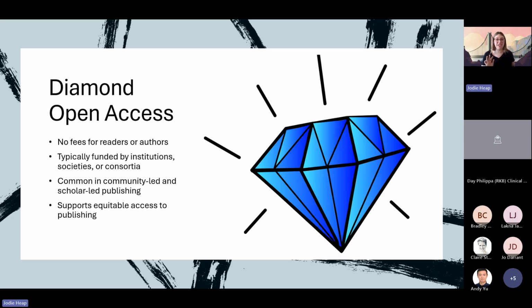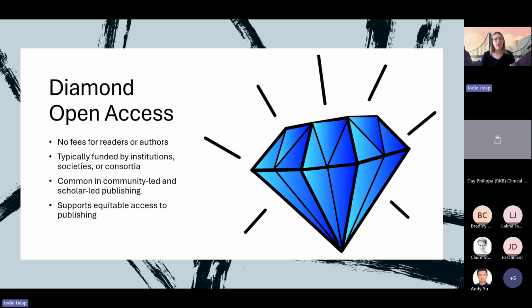So I will mention it in case you come across it in the wild and you think that Jodie never told me about diamond open access. They do exist and I love them, but they're just not super common because of the capitalistic nature that we're in, it's a little bit harder to get that money in place to pay for all that funding that is required for full publication that way.